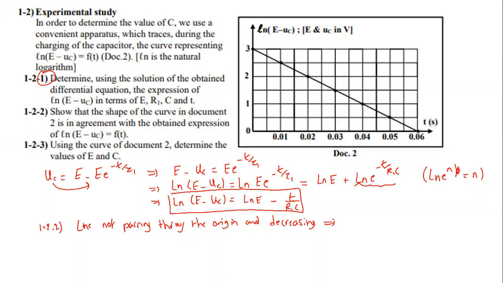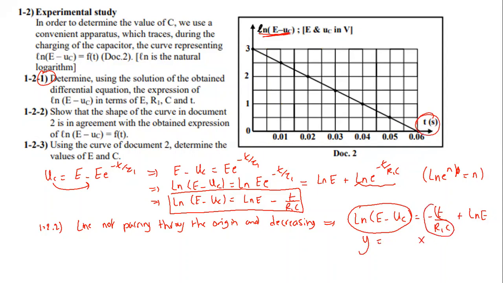Which means, does it verify the equation? If I look at the equation, I have ln of E minus UC is equal to minus T over R1C plus ln of E. This is Y here, and T here is X. So all this part is A, the slope, and this is a constant, so it's plus B. So yes, it verifies the equation.